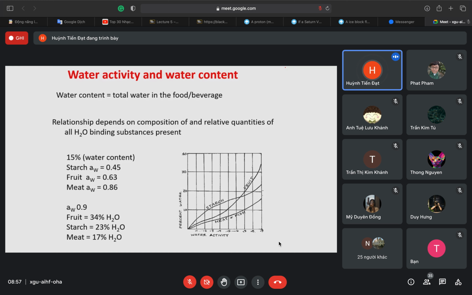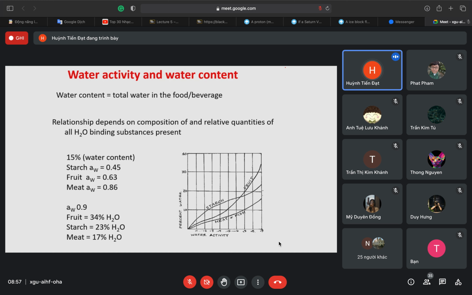The water content is the total water in the food and beverages. We have several types of food that have the same water content but different water activity. The ratio of bound water and free water depends on how much of it is bound to the substances present. For example, here we have 15% total water content.